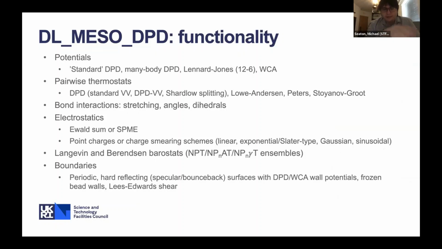Those also include some different ways of applying charge smearing to beads to ensure opposite charge particles don't collapse. There are also a couple of different kinds of barostats available, so you can carry out constant pressure, constant surface area, and constant surface tension ensembles. And there are also different kinds of boundaries, including some with wall potentials as well.